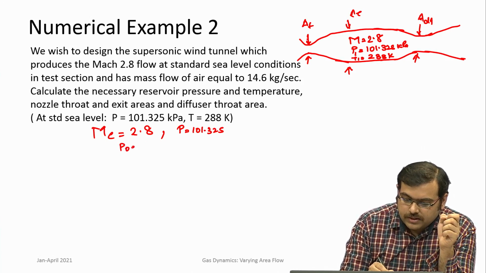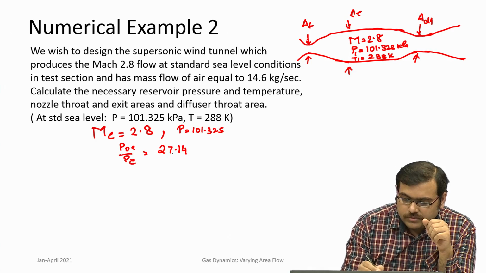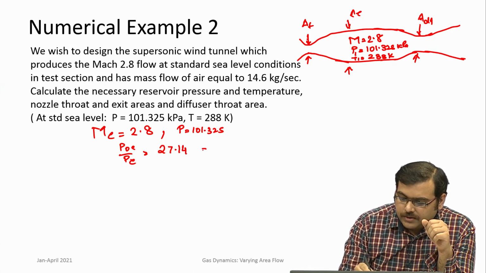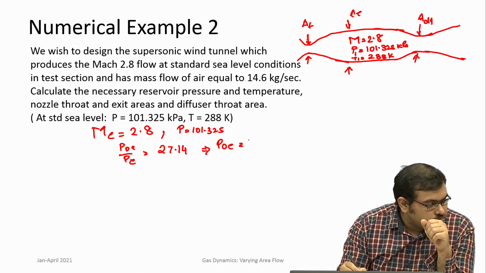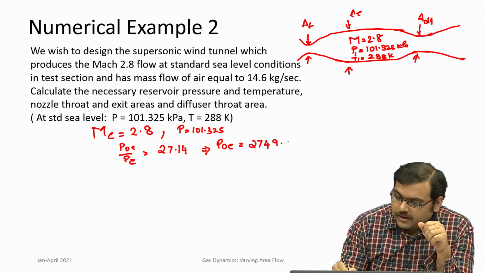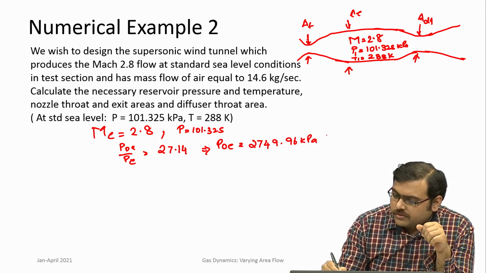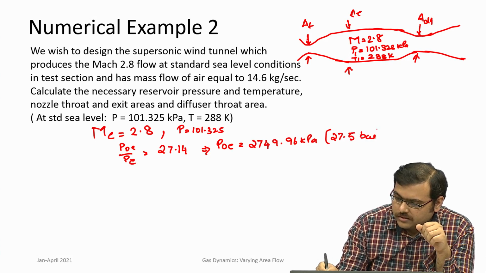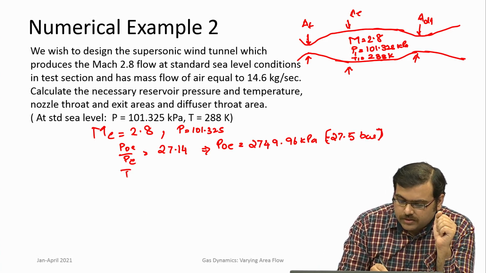So P naught E by PE is 27.14 and that implies P naught is 2749.96 kilopascal. That is in bars it will be 27.5 bars. It is quite high pressure you have to give, 27.5 bars. Okay.